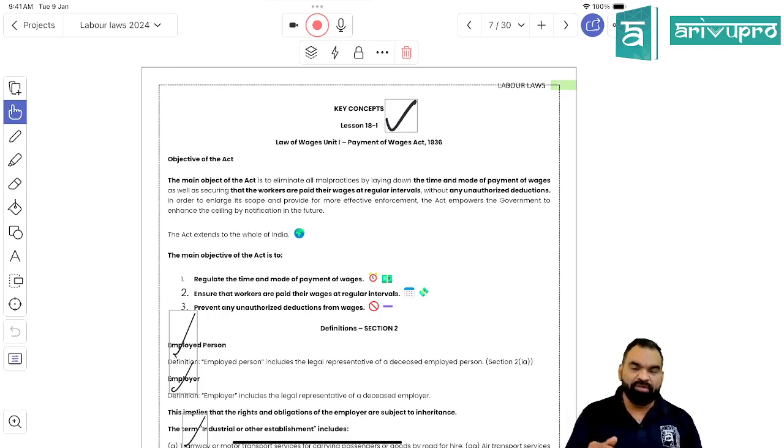If you go through this enactment, you will get to know that when it comes to the duty of payment of the wages, the duty to pay the wages lies on the person who has the ultimate control of the organization. If you are working in a factory, it would be the manager who is under a statutory obligation to make the payment of wages on time.